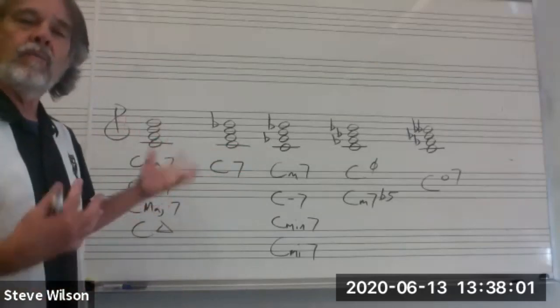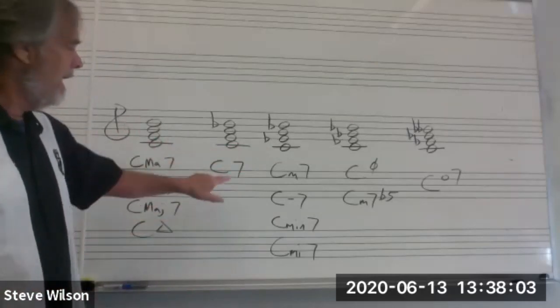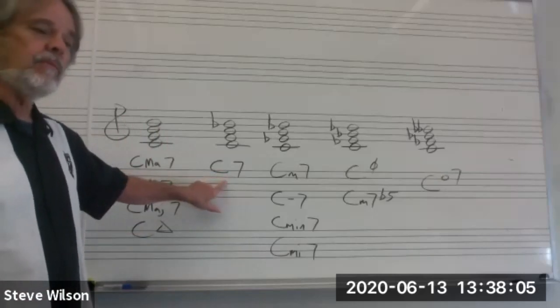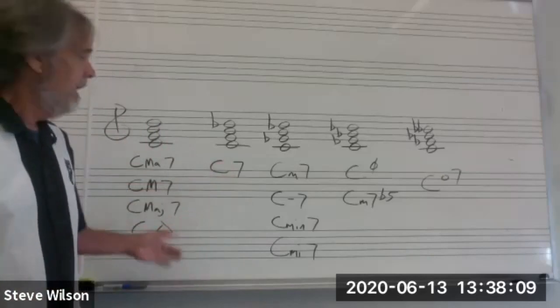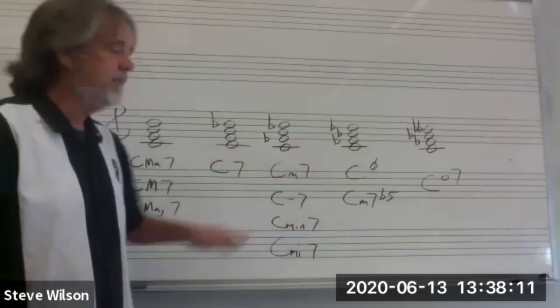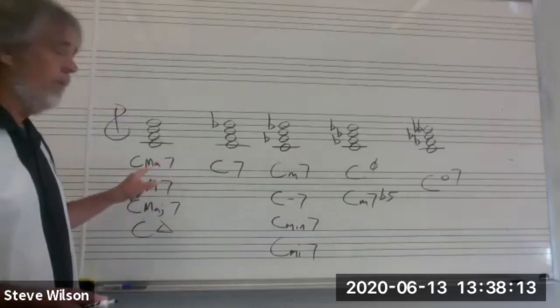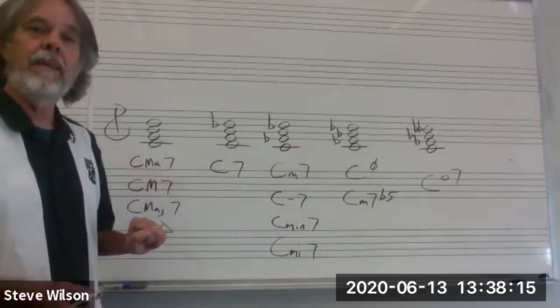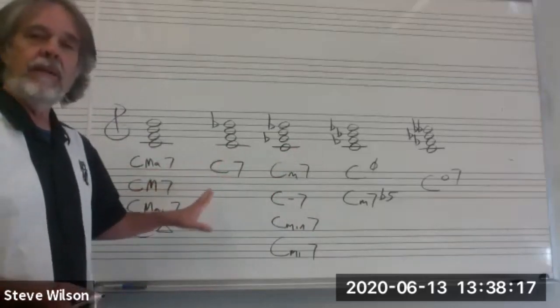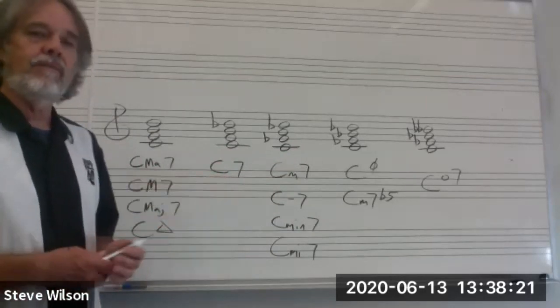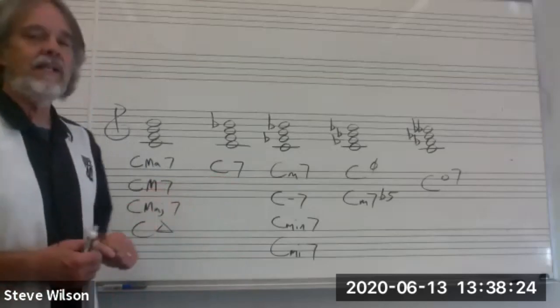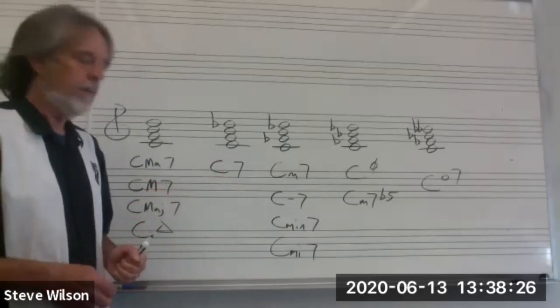People started out writing music with triads, and the dominant 7th chord was the first 7th chord that was added, and it became the 7th. And it wasn't for quite a while, in some cases hundreds of years, before they started using the major 7th. So just a little bit of music theory and history background. The dominant 7th chord was the first one, and it's still a very, very important chord.